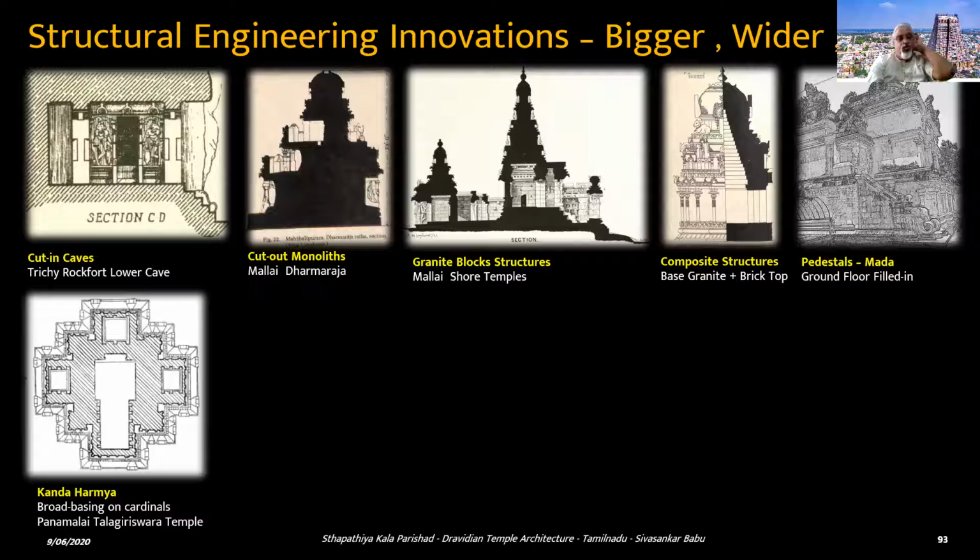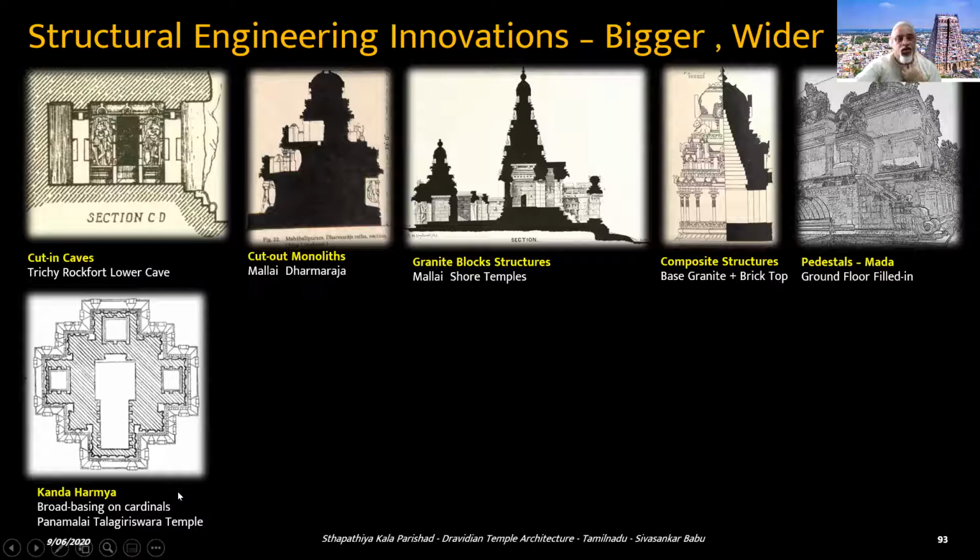The other experimentation was, as the size of the temple increases, like the northern temples, they extended the 4 corners out and put them as mini temples, Kandaharmiyas, so that the lateral load of the temple is spread sideways on four areas.